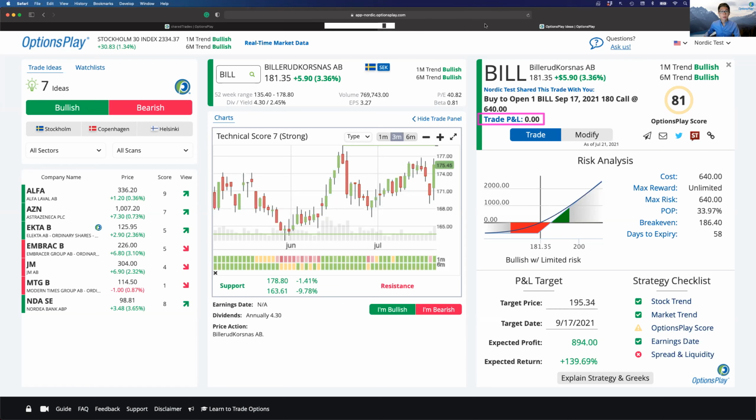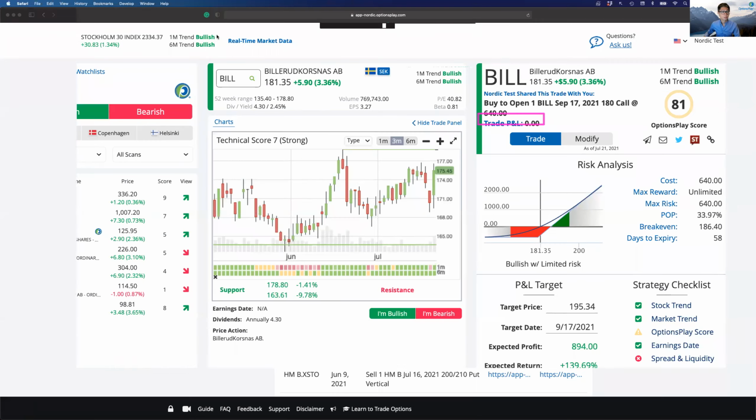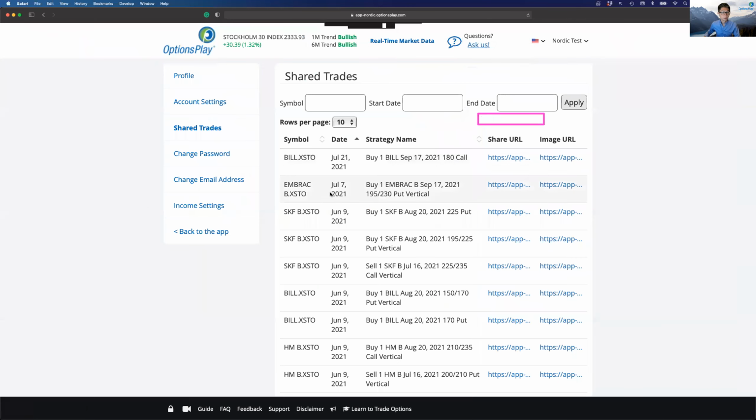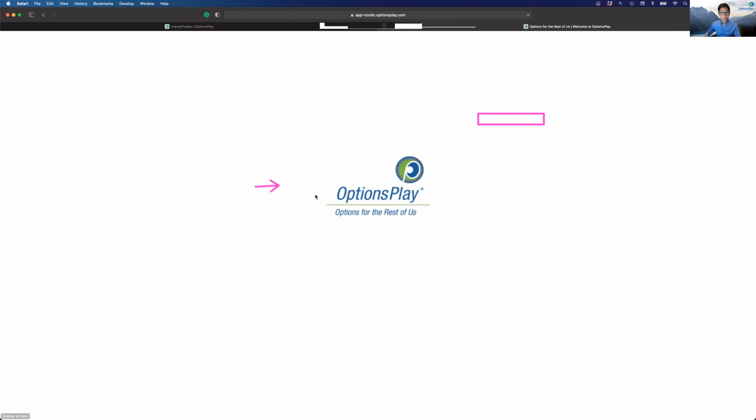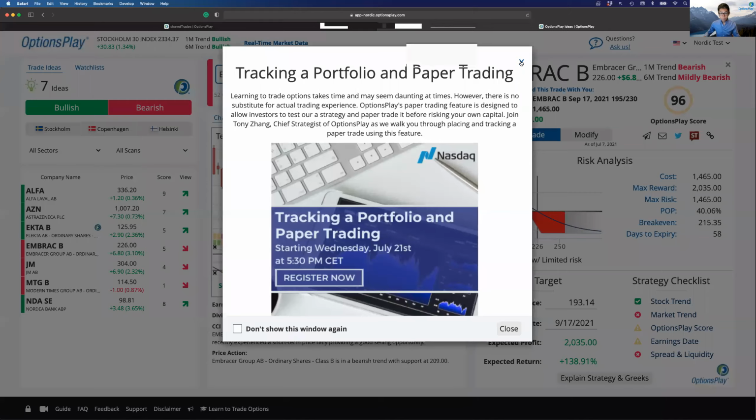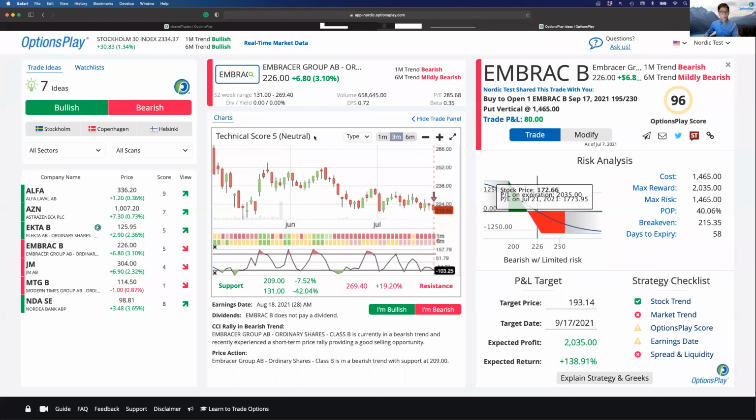But if I go back into my profile and look at a previous trade that I put on just a few weeks ago, if I click on this one, this Embracer one, here I can look at a trade that I put on a few weeks ago. This was a bearish trade on Embracer.